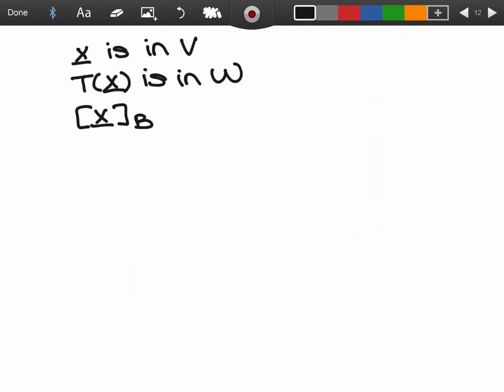It must have n entries in it. So this thing is in Rn because there will be n coordinates with respect to B1 through Bn.